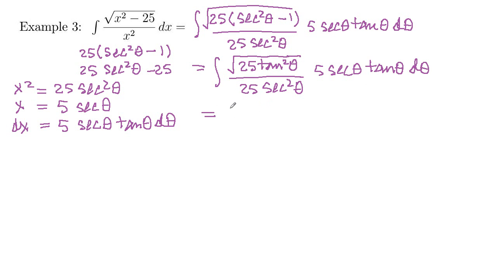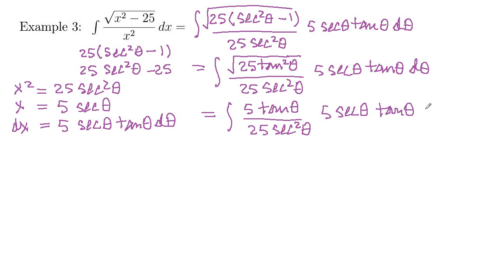So square root of 25 there is 5. Square root of tangent squared is tangent theta. In our denominator, 25 secant squared theta. And then we've got 5 secant theta tan theta d theta.